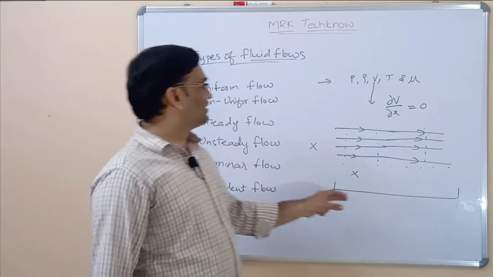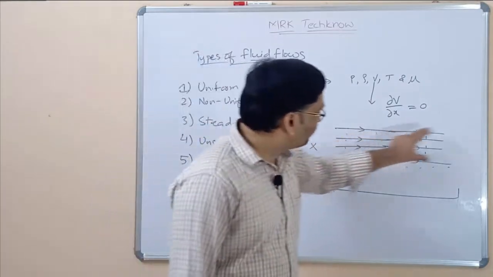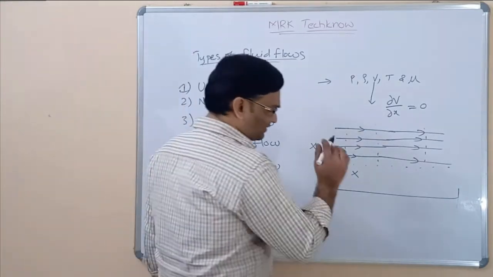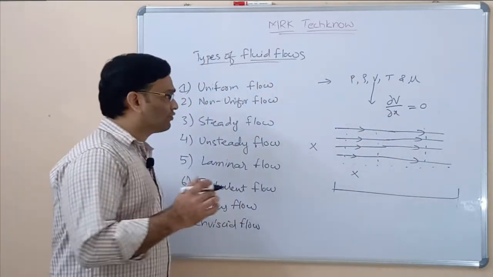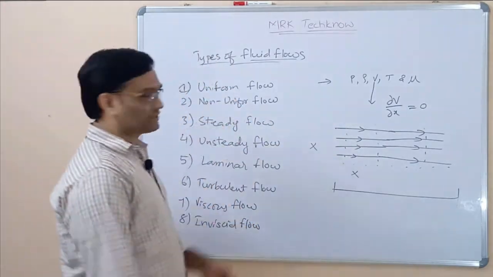So because of that, the flow will be called uniform flow. It is uniformly flowing. Mostly the straight line flows in real life will be of uniform nature.